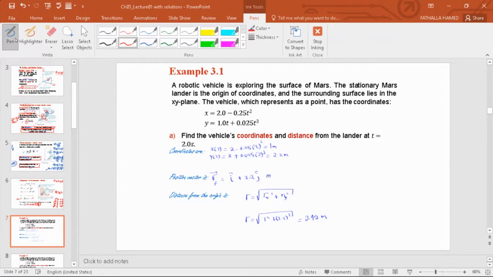The vehicle, which is represented as a point, has the coordinate x equal to minus 0.25 t squared, and y equal to 1.0 times t plus 0.025 t cubed. So they gave us the x component as a function of time, x of t, and the y component as a function of time.